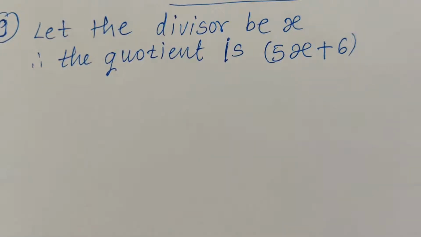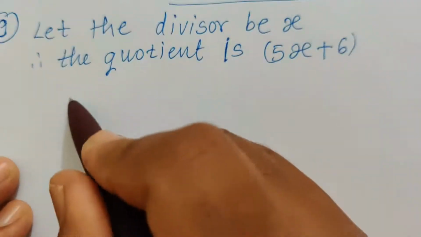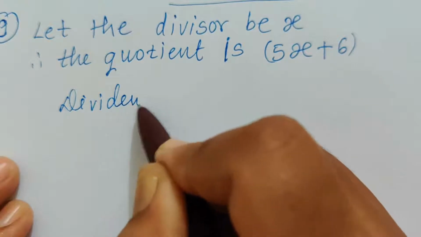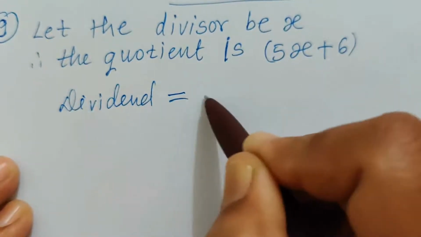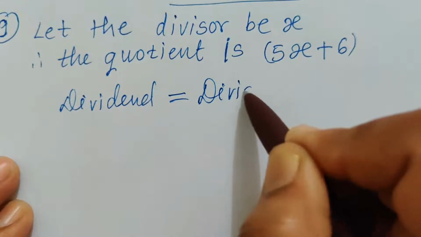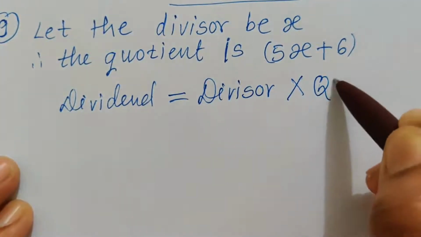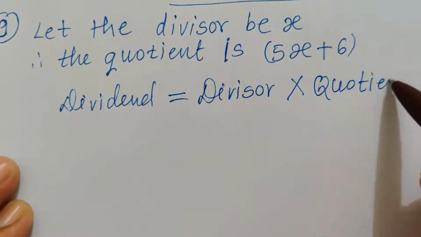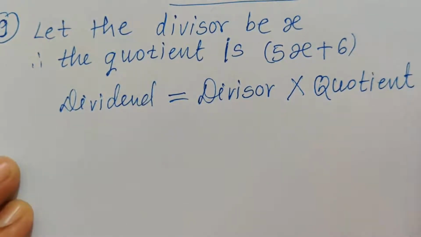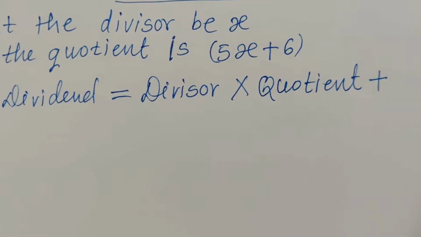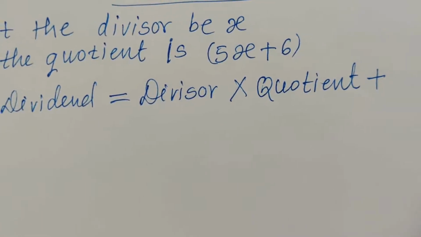Now we will put these values in the formula. The formula is dividend equal to divisor multiplied by quotient plus remainder. I will write only R for the remainder.